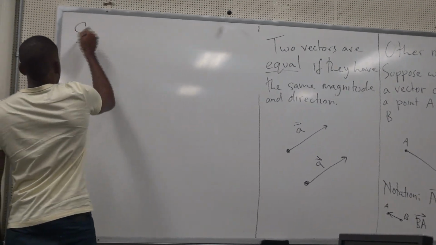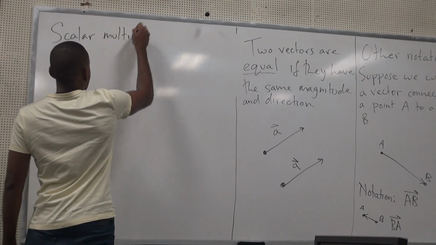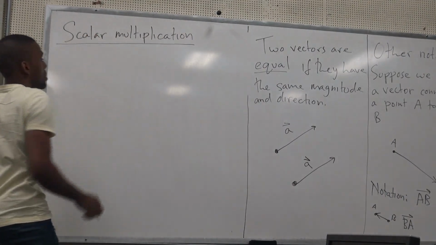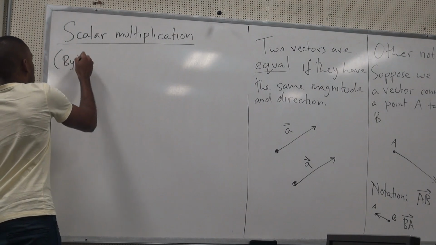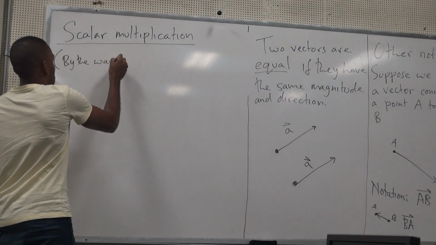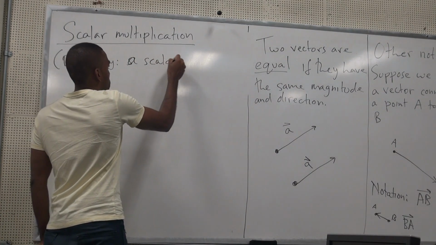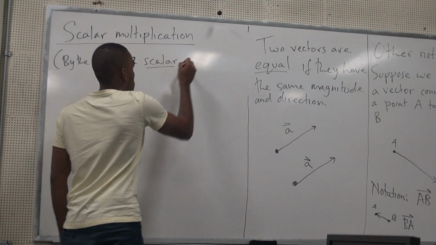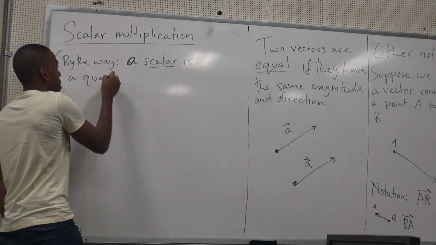We can also do scalar multiplication. I don't think I defined this, but when I say scalar, what do I mean? The scalar is just magnitude, right? A quantity that only has magnitude.